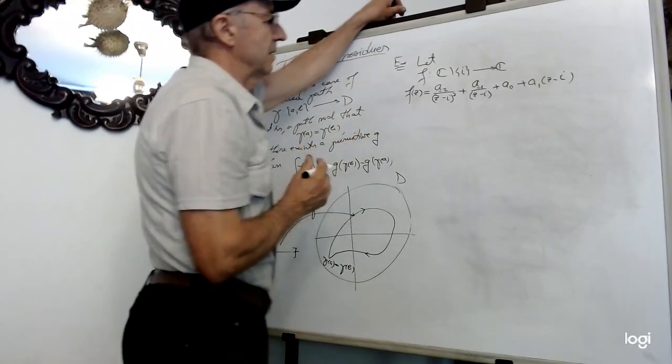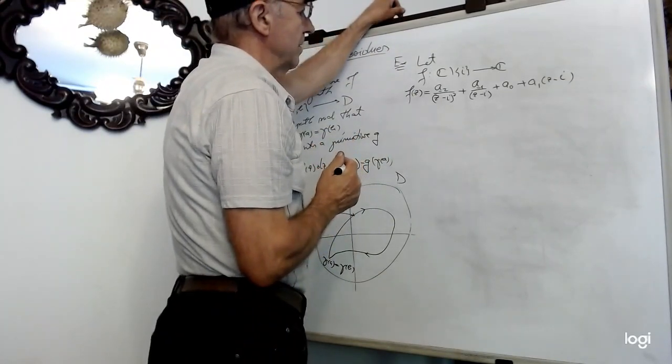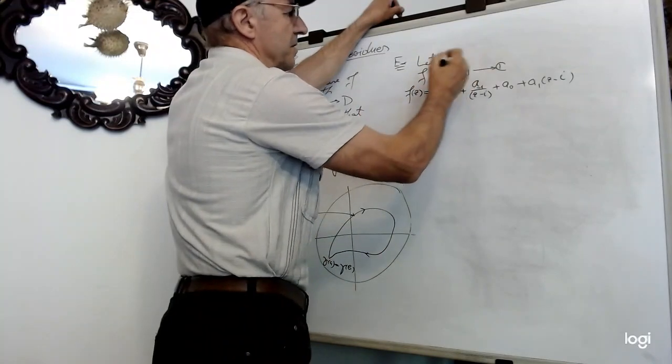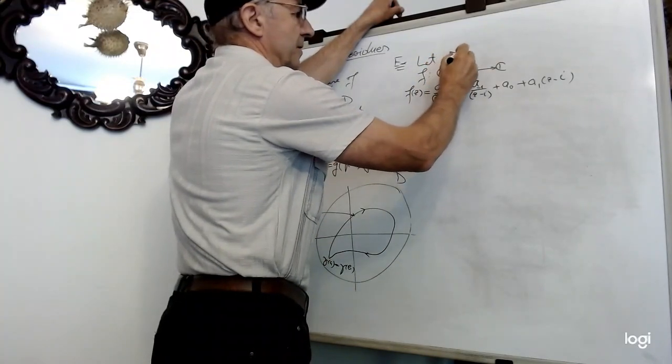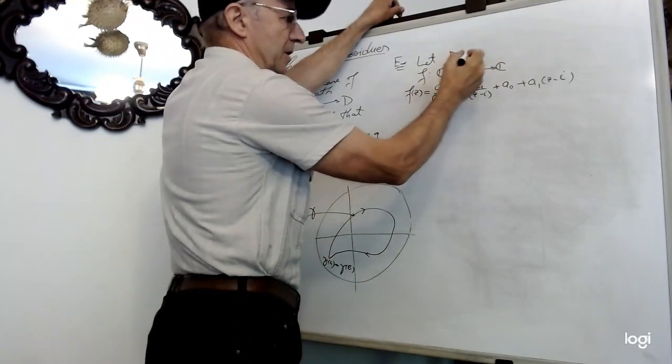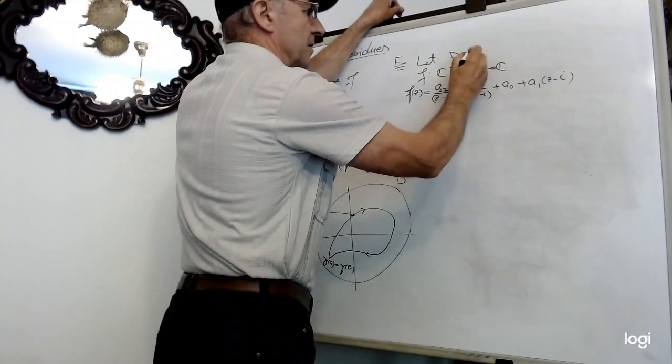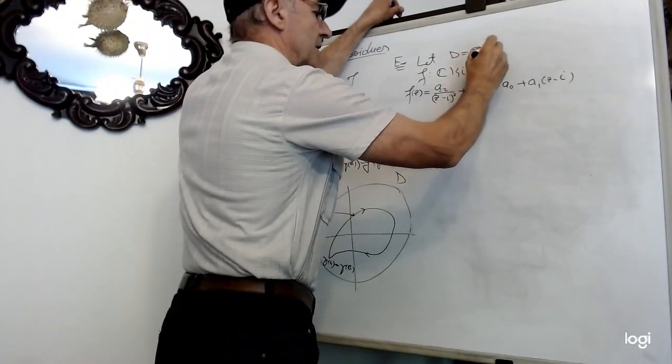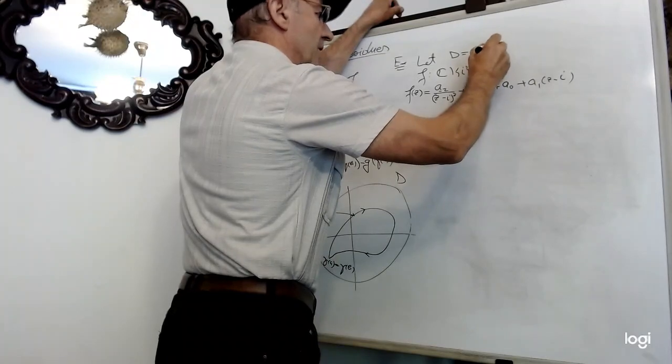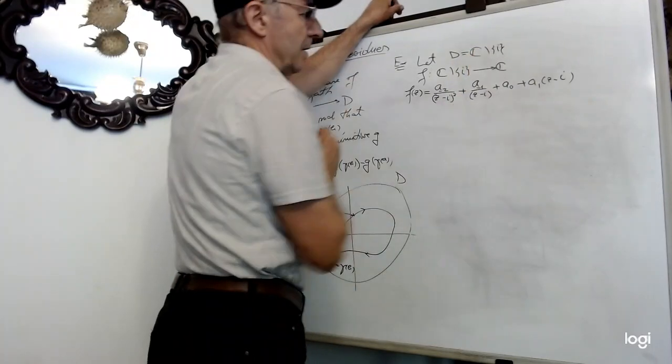This is our function. Here, the open set, the domain of definition, is the complex plane without the point i.